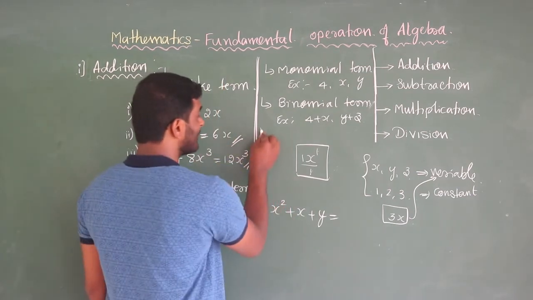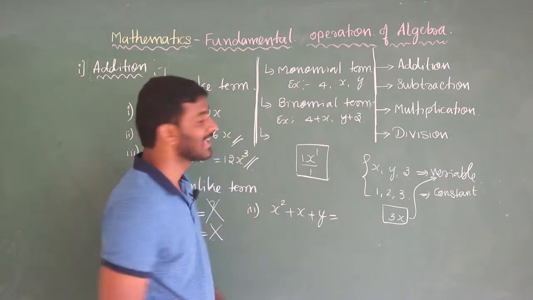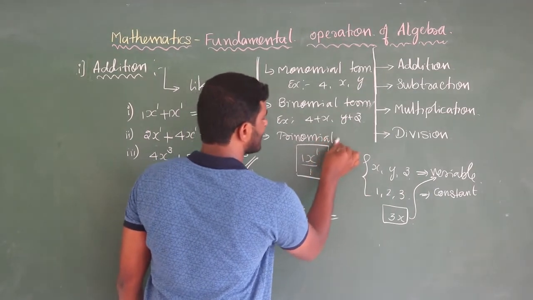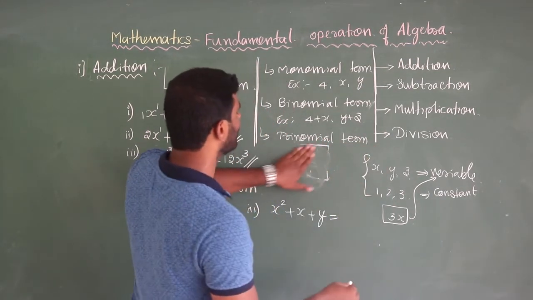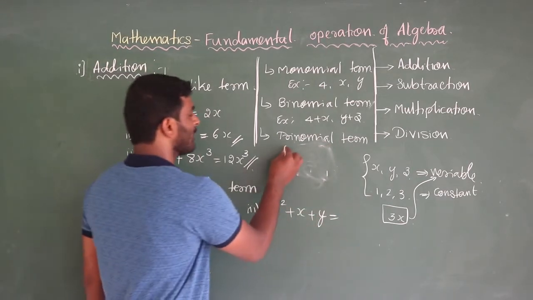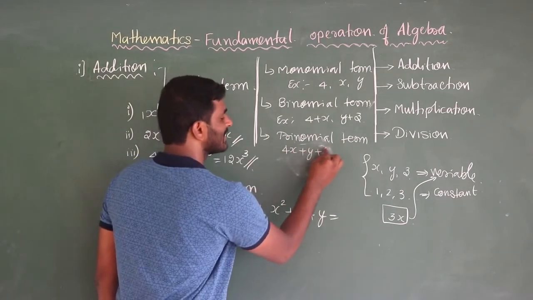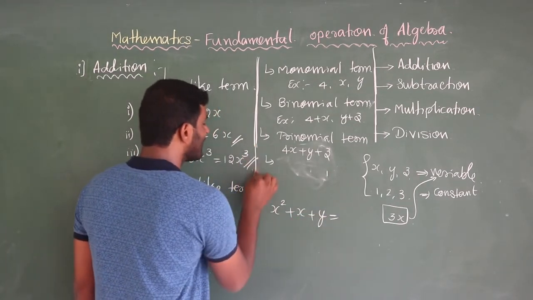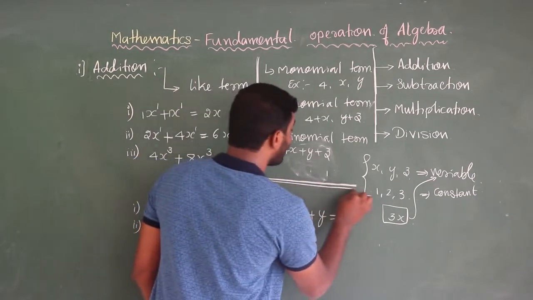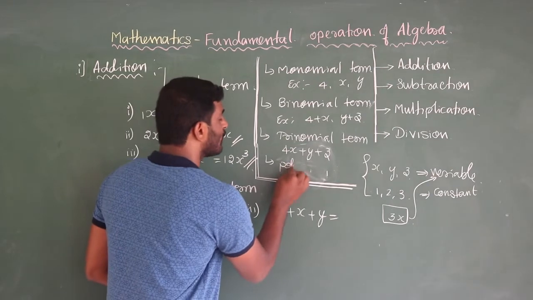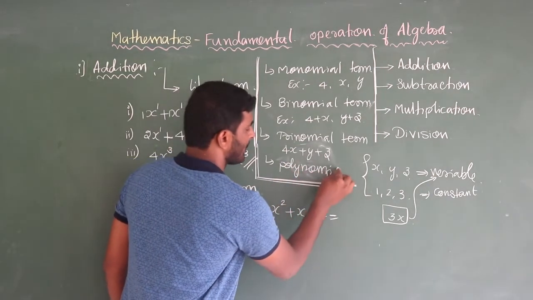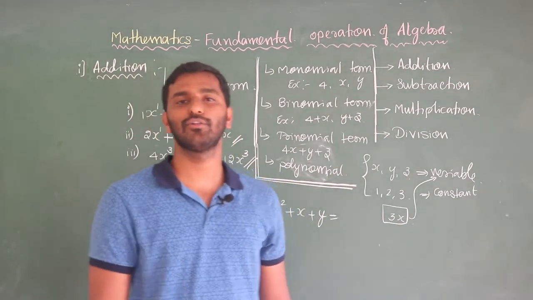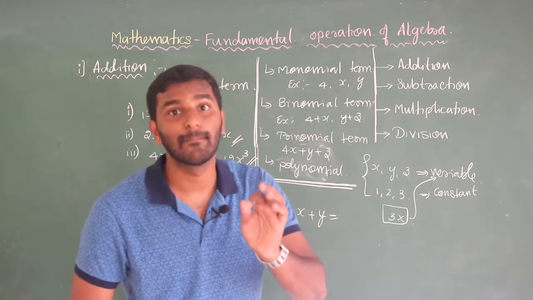If it is three terms, it is a trinomial, for example x plus 4x plus y plus z. And if it is more than three terms, it is nothing but a polynomial. 5 terms is also a polynomial, 6 terms is also a polynomial, etc.